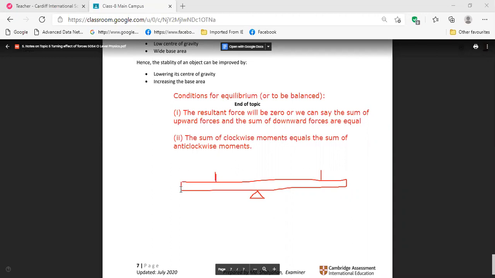So we get here 1 meter. Taki's position and Anmol's position maybe 0.7. You think this is 0.7 or 0.8? Okay, so 0.8 meter and this one is 1 meter. So you label it from here to here.